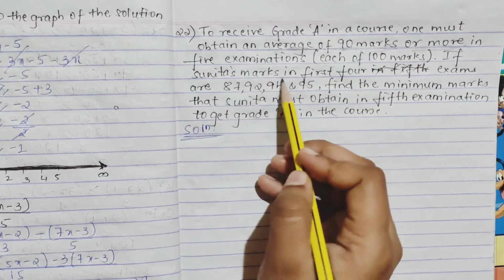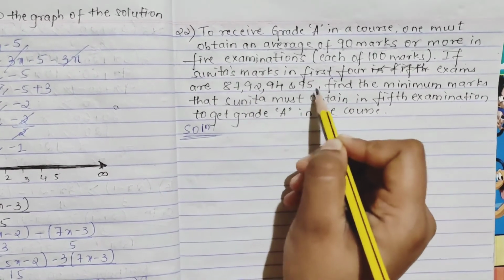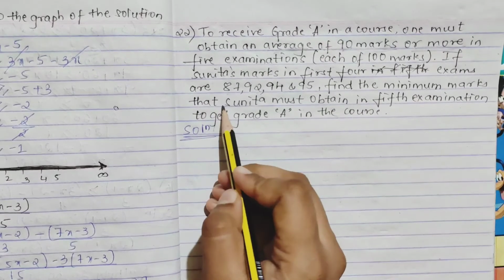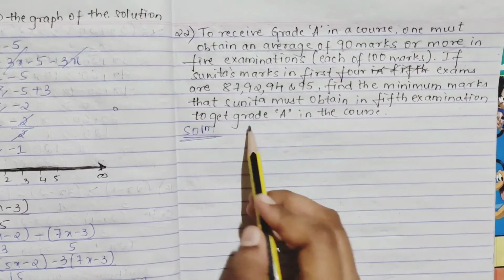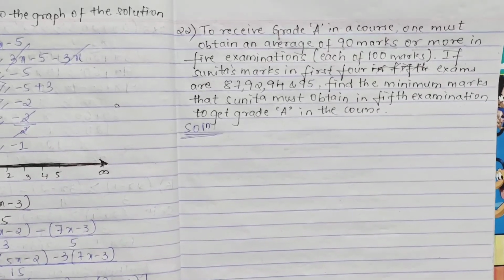If Sunita's marks in the first four exams are these, find the minimum marks that Sunita must obtain in the 5th examination to get grade A in the course.